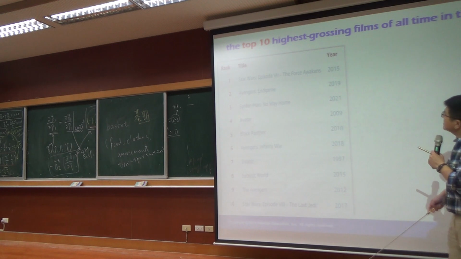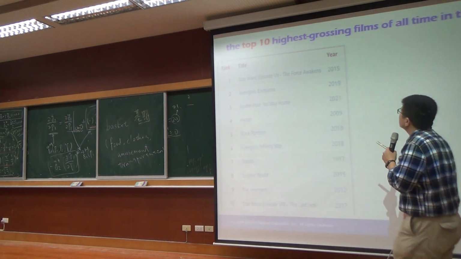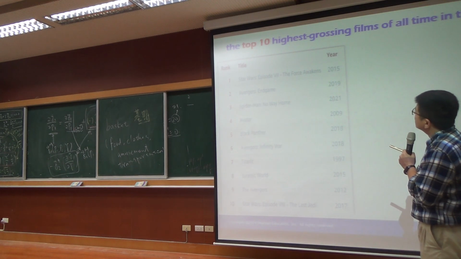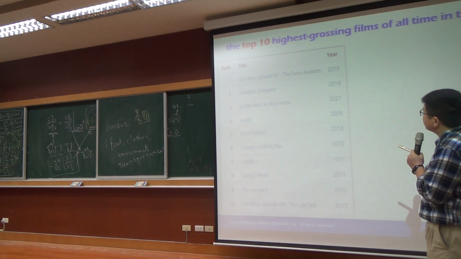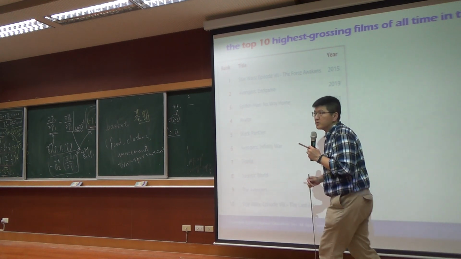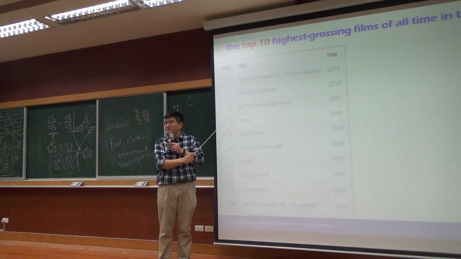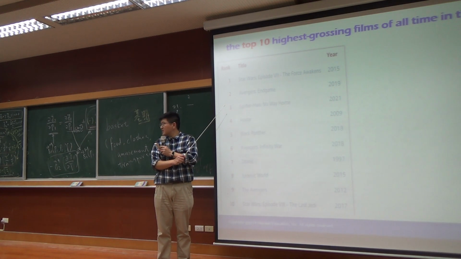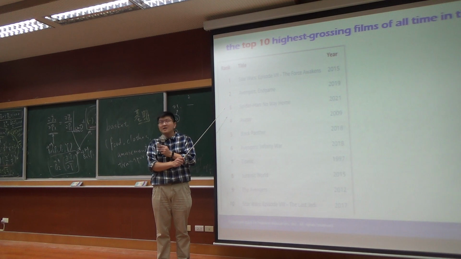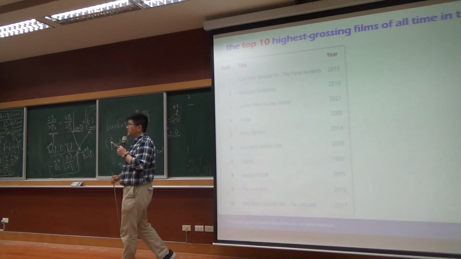The champion would be Star Wars Episode 7, The Force Awakens. 原力觉醒. Do you know this movie? This movie makes the highest grossing, and it was in 2015.